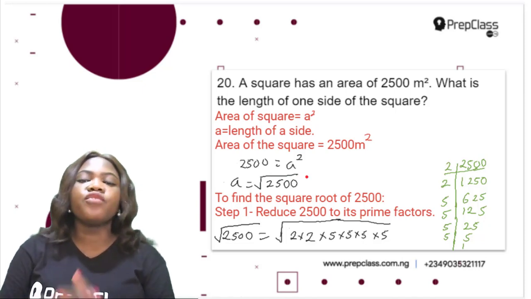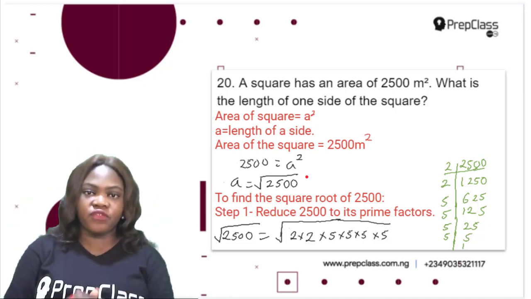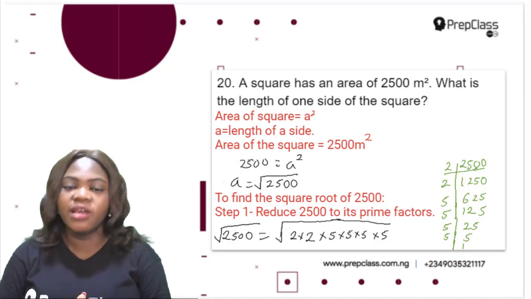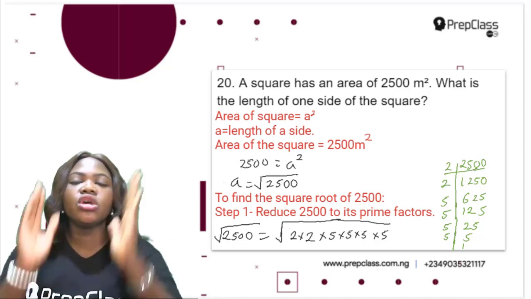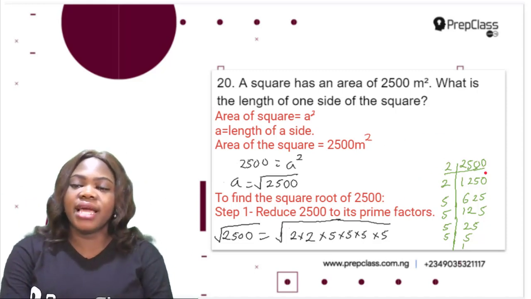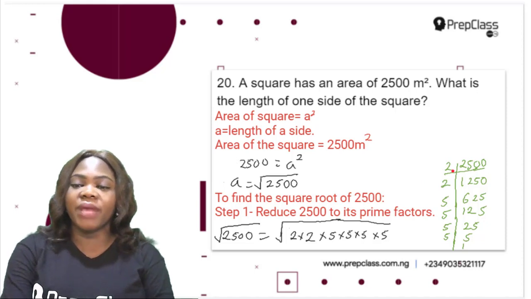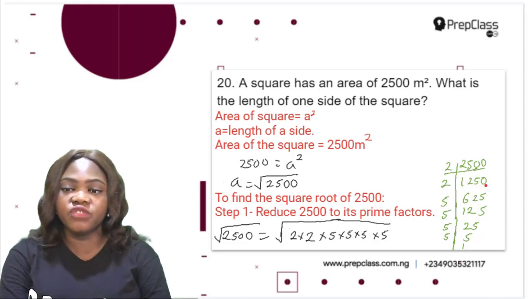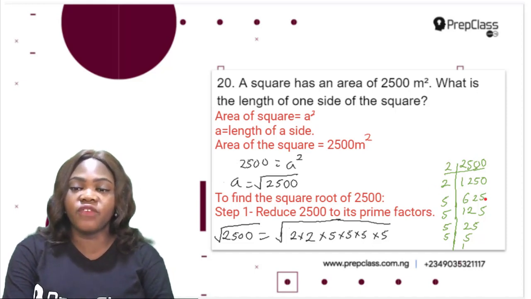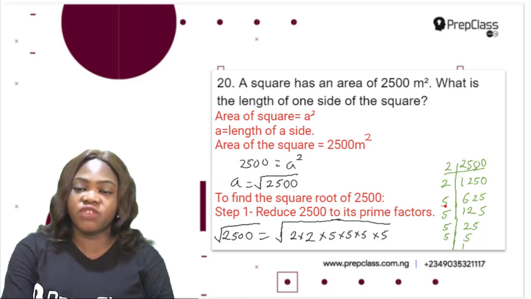Now, to find the square root of 2,500, I'll be using a method called the prime factorization method. The first step is to reduce 2,500 to its prime factors. So let's do that here. 2,500 divided by 2 is 1,250. 1,250 divided by 2 is 625. 625 is divisible by 5.